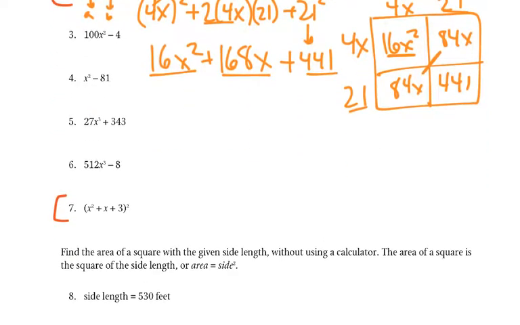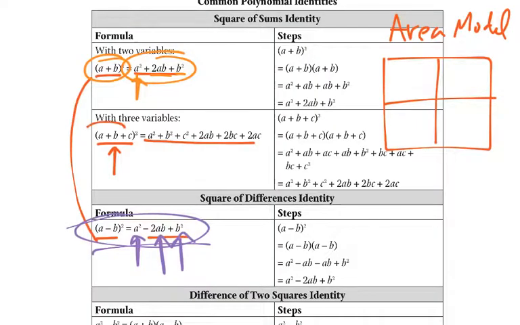Alright, this last one has 3. Okay, so it would be this one. You take every term and square it, then 2 times every term multiplied by the others. So AB, BC, AC.